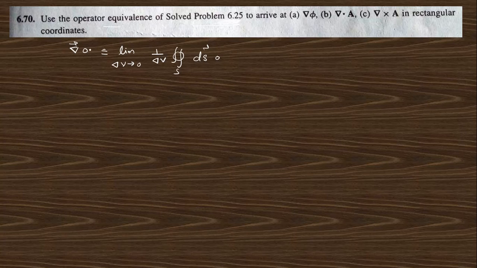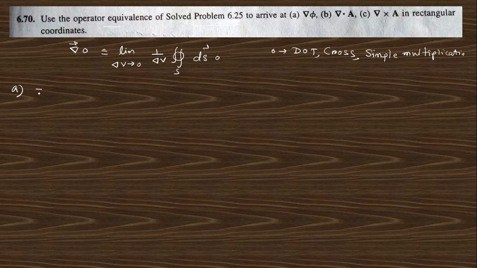This is the formula or the notation of the del operator with any operator. This can be dot, cross, or simply multiplication. For that you need to calculate this in rectangular coordinates.